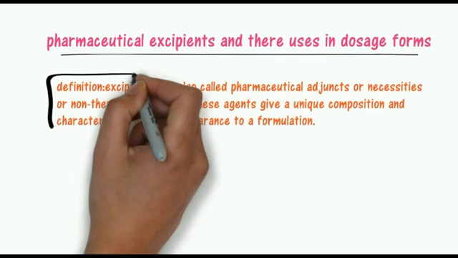Although technically inactive from a therapeutic sense, pharmaceutical excipients are critical and essential components of a modern drug product. In many products, excipients make up the bulk of the total dosage form, and significantly affect the chemical and physical properties of the final dosage form and thus the biopharmaceutical profile.